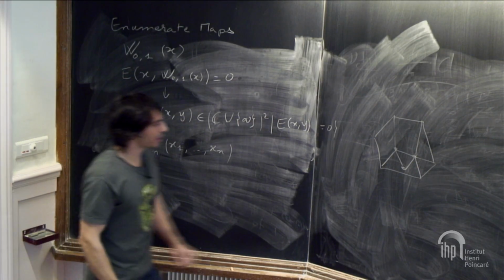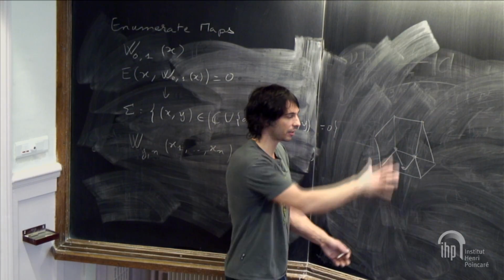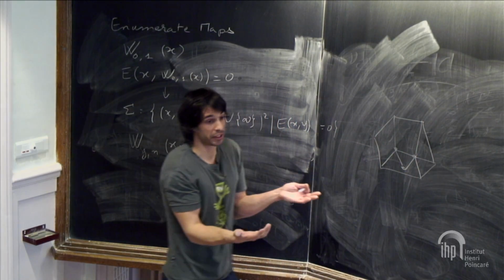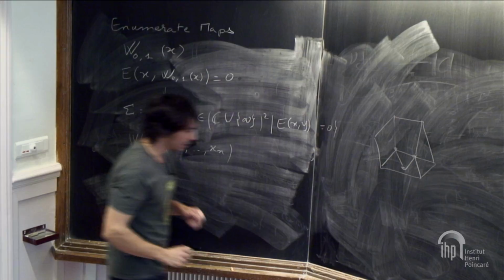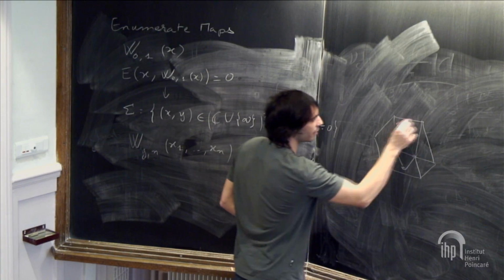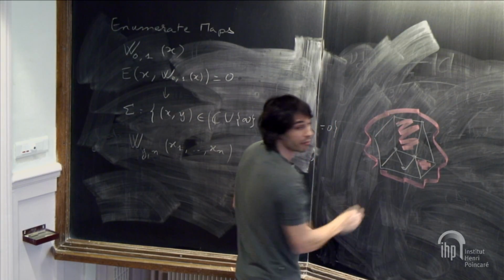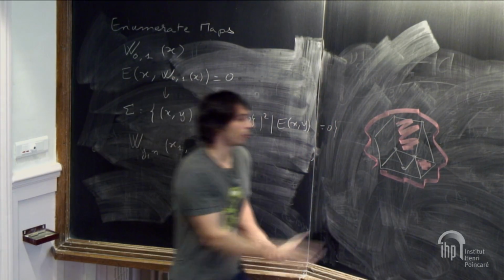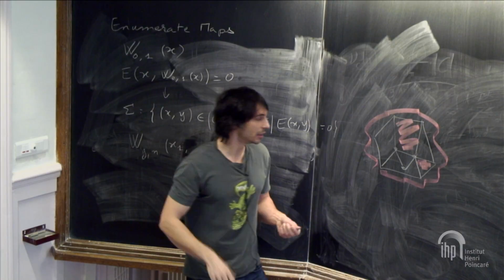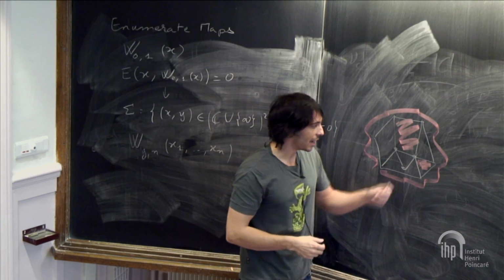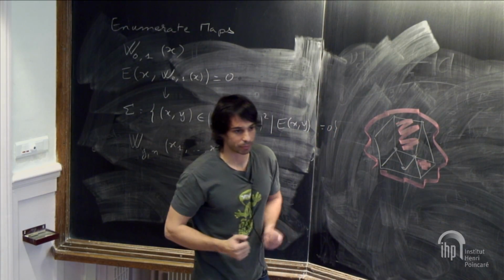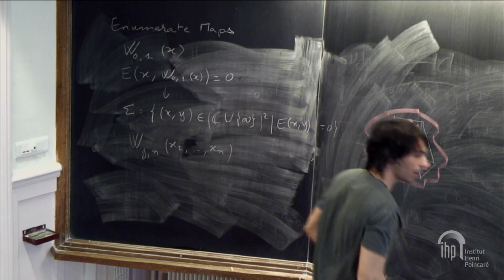And n here stands for the fact that my map, which you can think of as a discretization of a genus G surface, has n marked faces. If I mark n faces, I can think of it as removing them from my surface on which I've drawn my graph, and then I can think of them as boundaries. Okay?